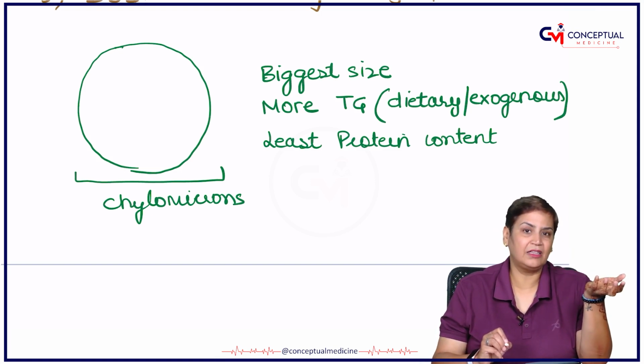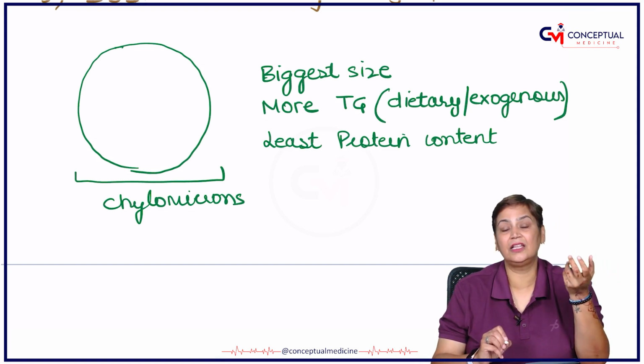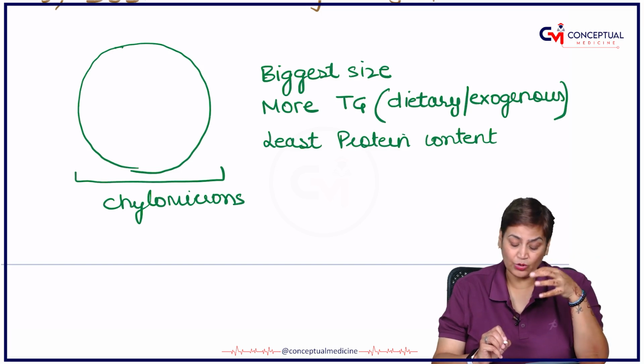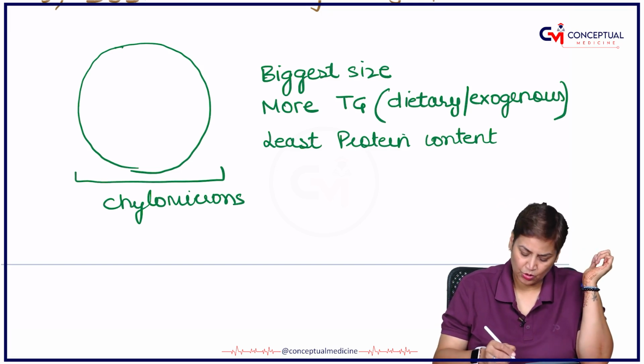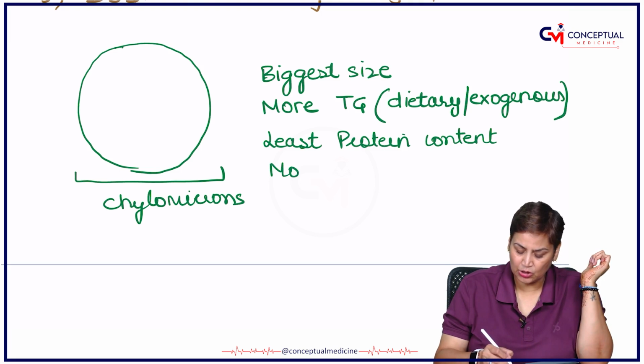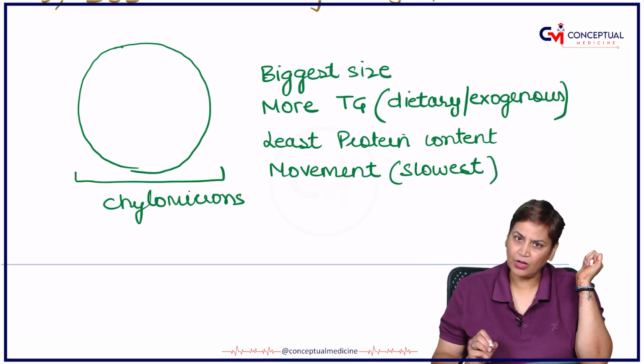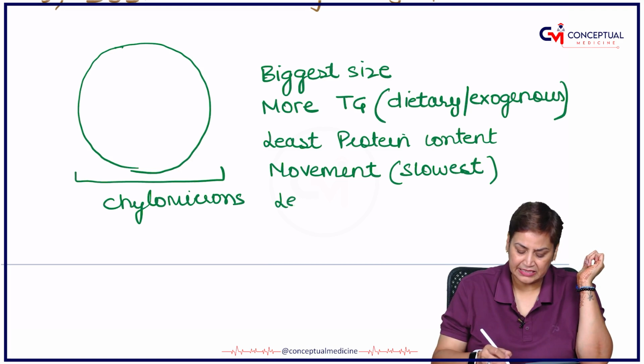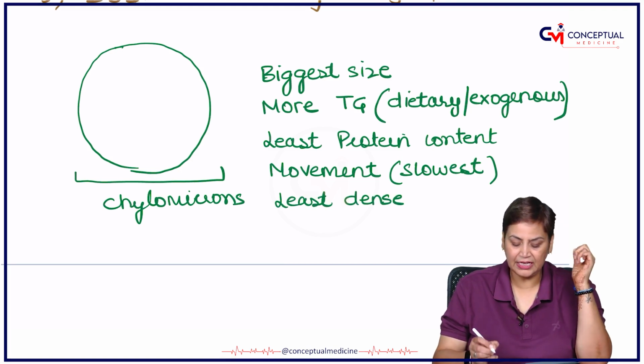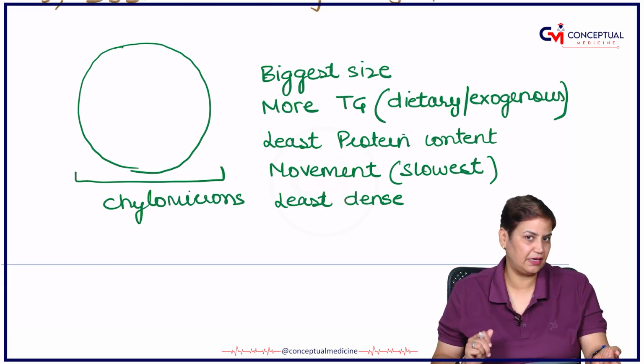The more fat, the slower the movement. So its movement is slowest. And if we talk about the density, it will be least dense, because density is basically due to the amount of protein present.